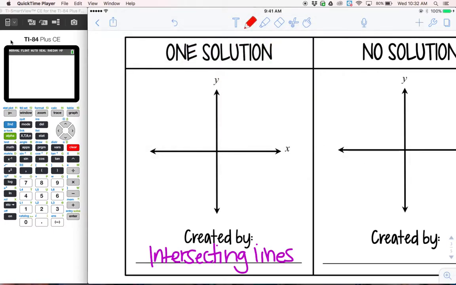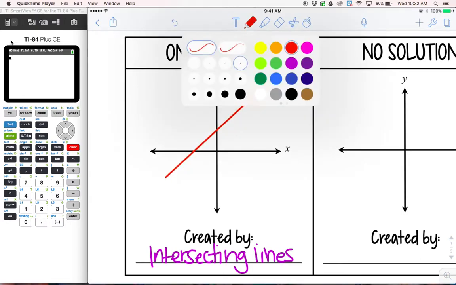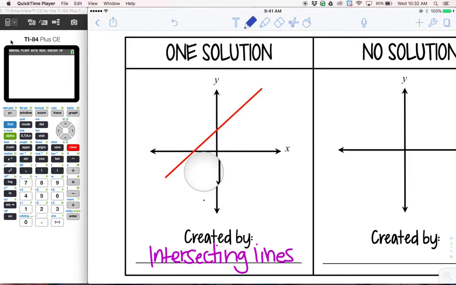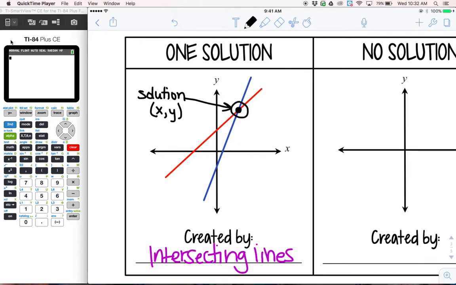So as an example, if I have this line and I have another line like this one, then my intersecting point right here, we would call this point my solution, and we would say (x, y). The point itself is the solution. So if I said, what is the solution to this system of equations? You would give me this coordinate point.